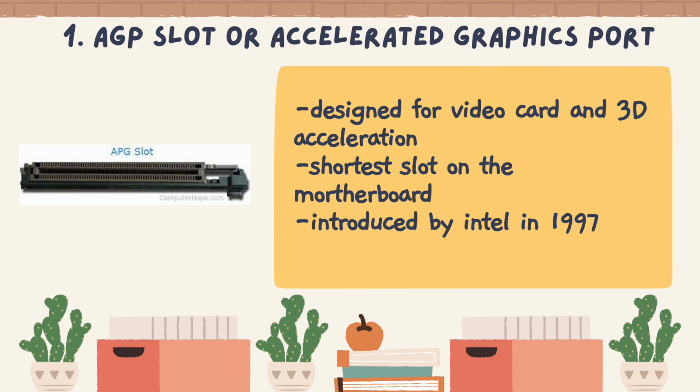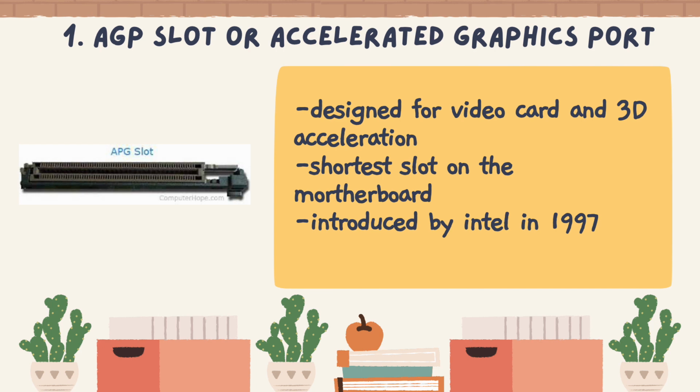So let's imagine you're playing a video game on your computer and the graphics start to look really slow and choppy, like a slideshow. It's like your computer is hanging. Then the AGP slot comes into play. It's like a special high-speed highway just for your graphics card.